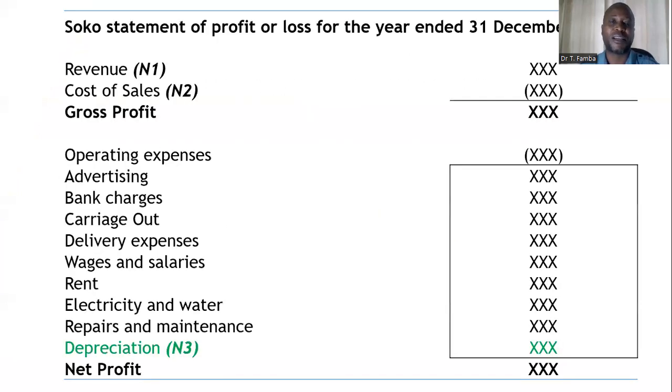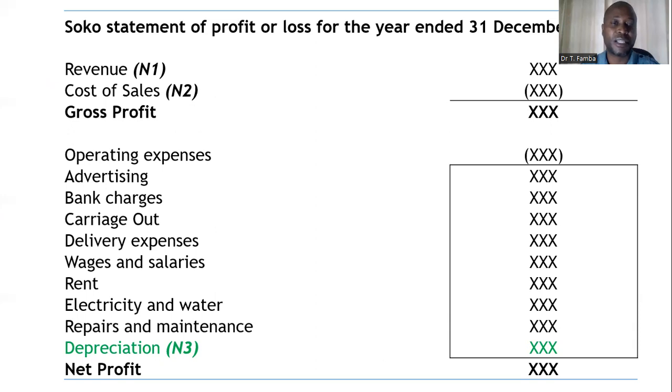So this is the structure that I presented yesterday, which shows that in the trading account, we have revenue, cost of sales, and gross profit. However, I need to mention that there are some circumstances when the company can have other income.